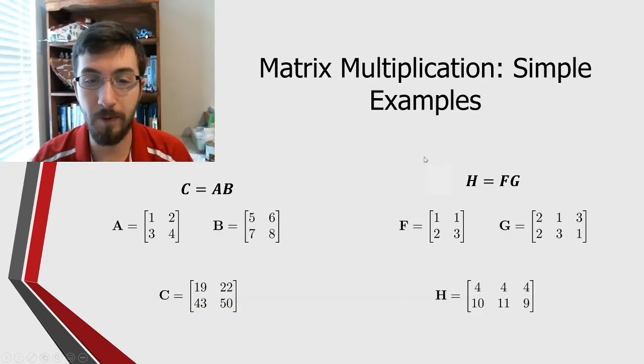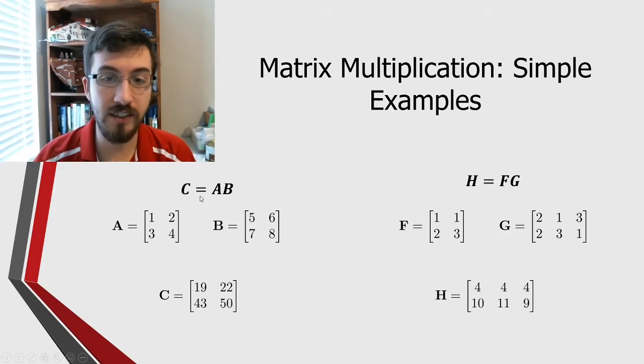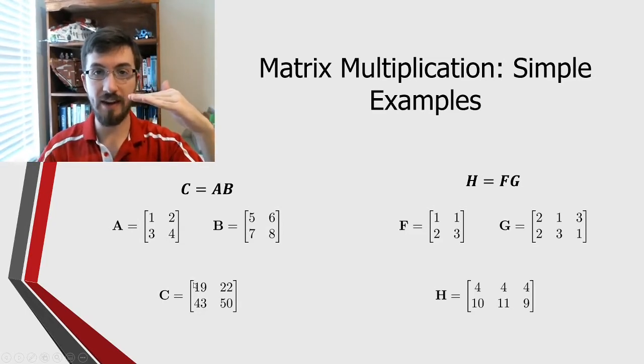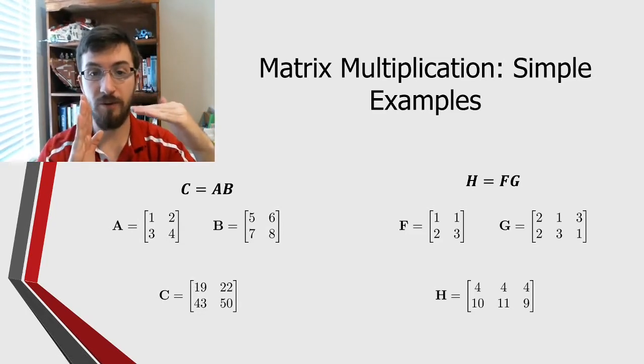Right? So simple examples. Here, matrix C equals A times B. So we have matrix A and matrix B. So to get the first element of C, we go across the first row of matrix A and the first column of matrix B, and we do the dot product.